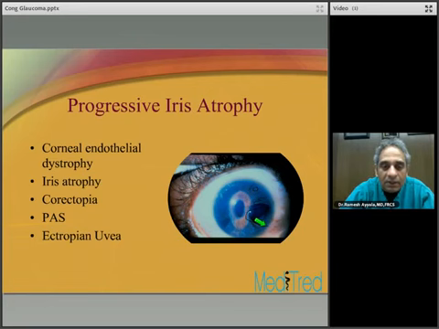So the pathology in the ICE syndrome patients again is an abnormal corneal endothelium. Here is the cornea, here is the iris. The corneal endothelium is abnormal, and instead of stopping at the Schwalbe's line, it's growing across and spreading onto the iris.